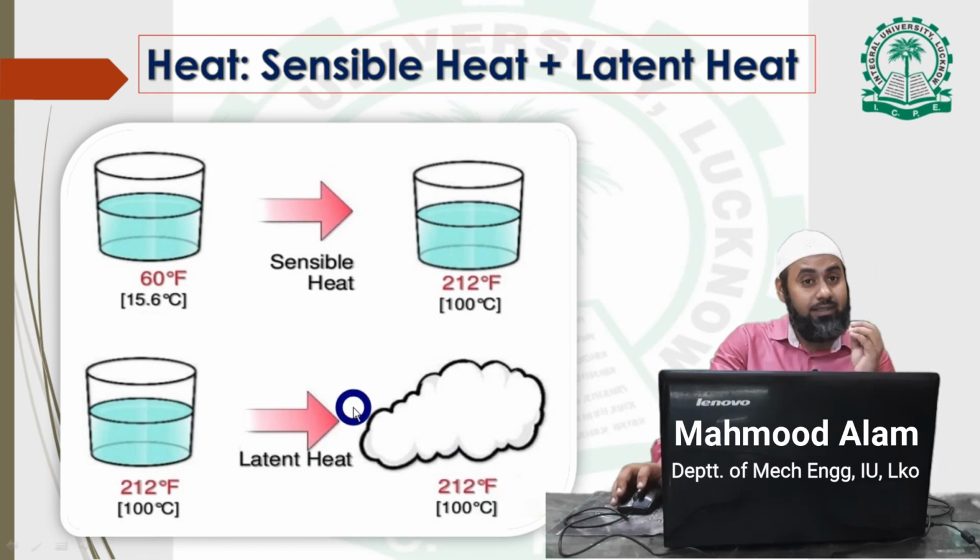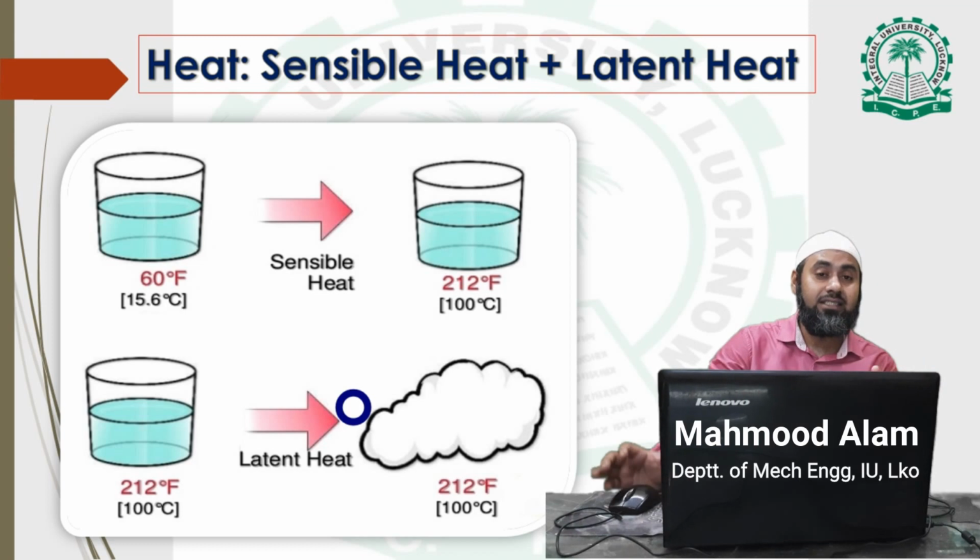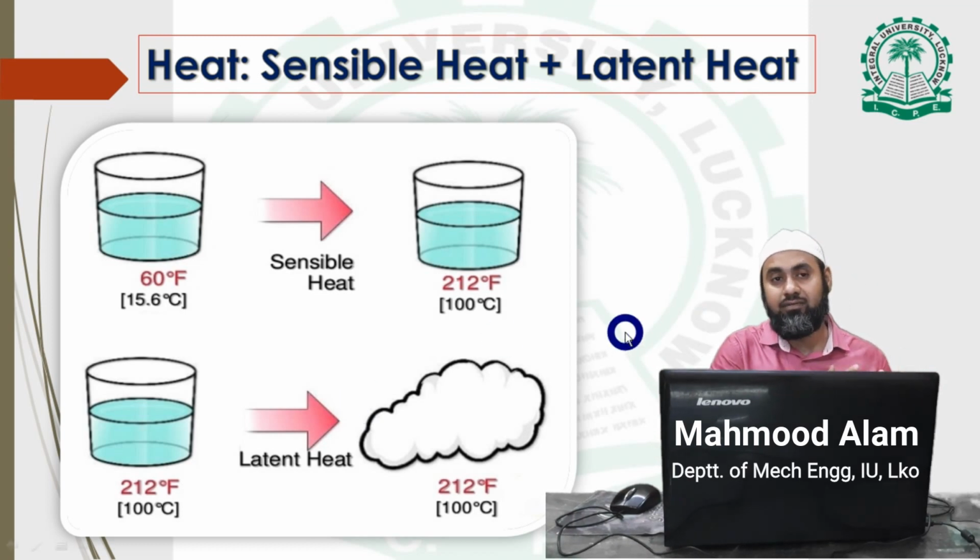Although heat is applied, the heat is utilized to change the phase of the liquid. The water is now converted into vapor. The amount of heat used to change the phase of any substance is called latent heat.